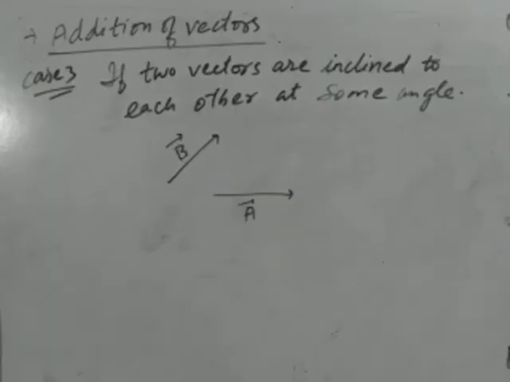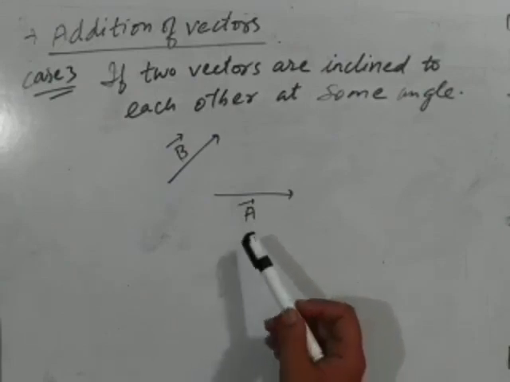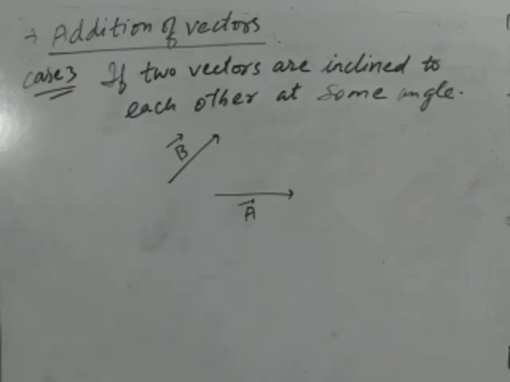Now the third case, if two vectors are inclined to each other at some angle, say this is A vector and this is B vector, they are acting on an object. Now we have to find out the resultant.